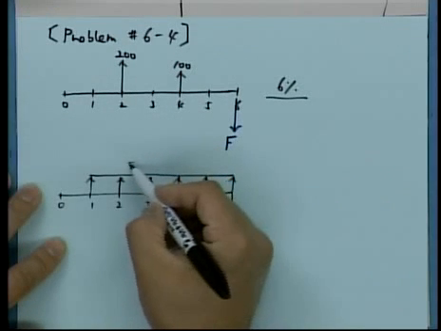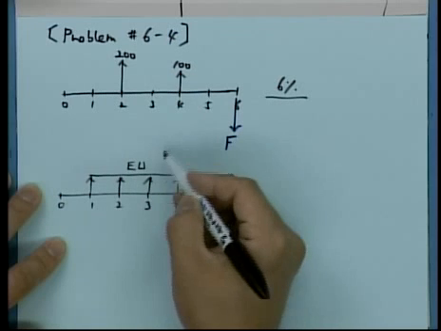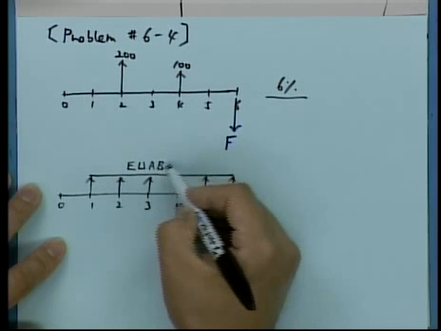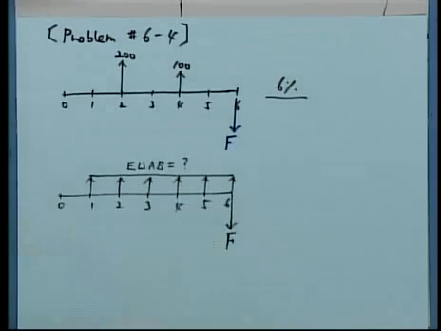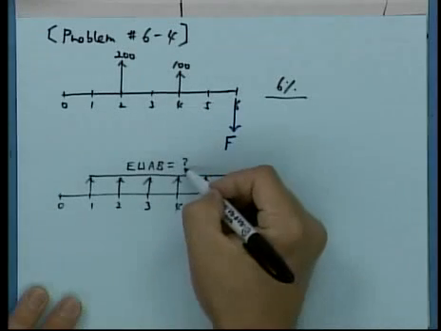So here we have the equivalent uniform annual benefit.